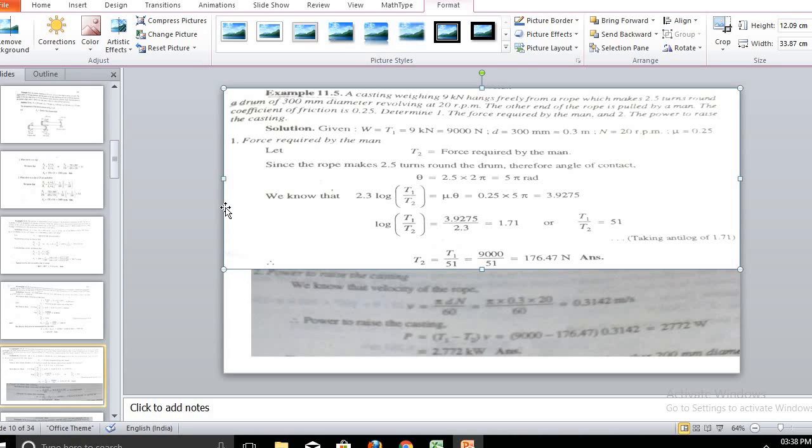So to find out that power, we need T1, T2 and V. Now, writing the given quantities: the weight of that casting, which hangs freely from a rope, provides tension to that rope.